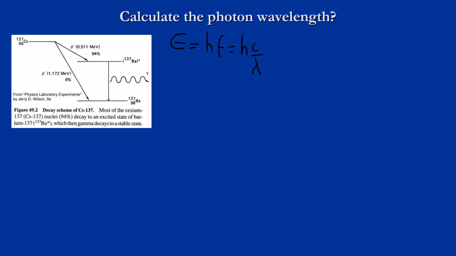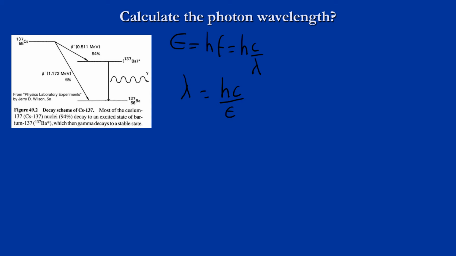So in order to find this wavelength, lambda is going to be equal to the value of hc over E. We've got energy in mega electron volts, so we need that in joules, so dimensionally we can get to the wavelength being in meters.